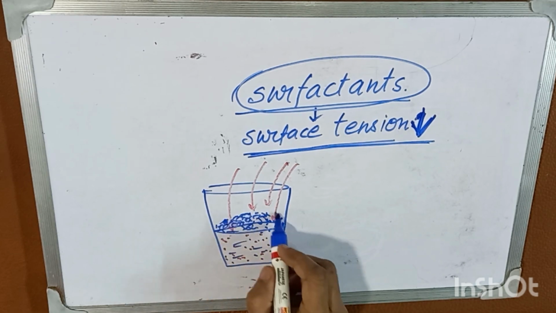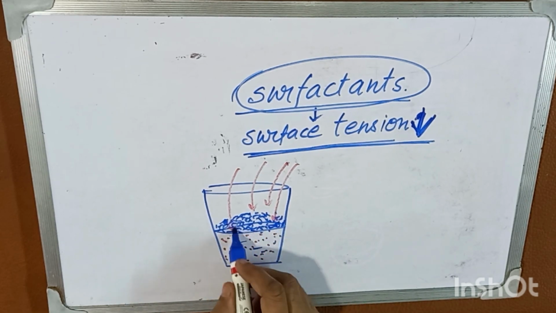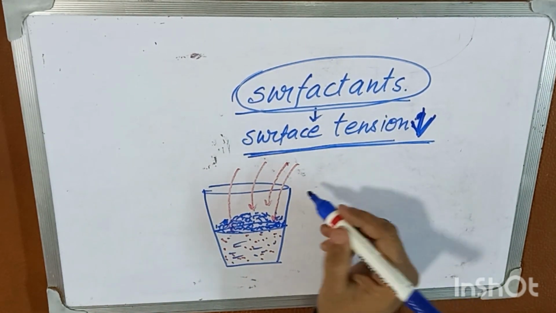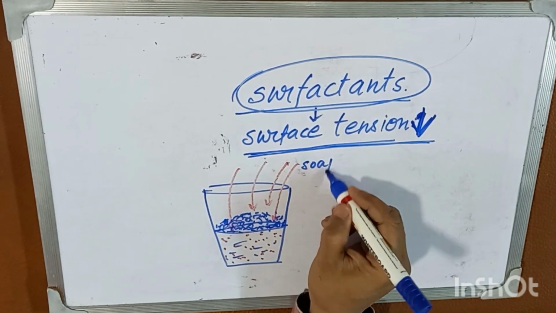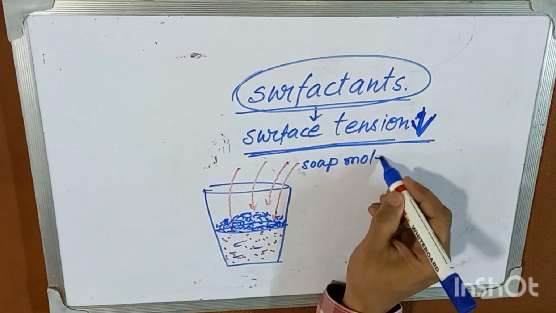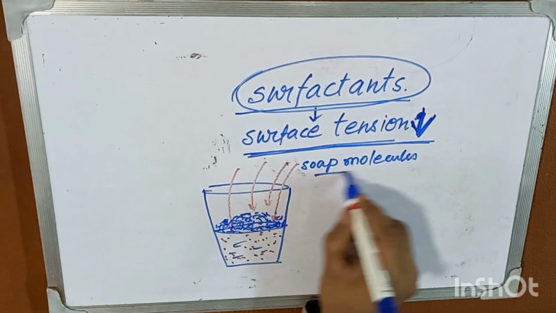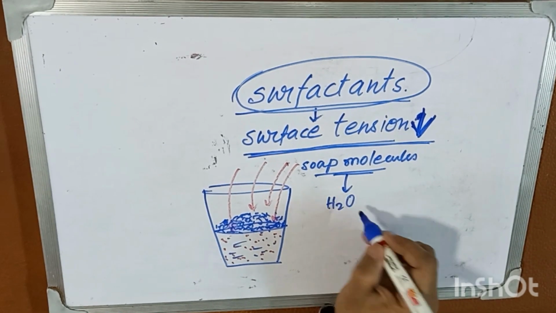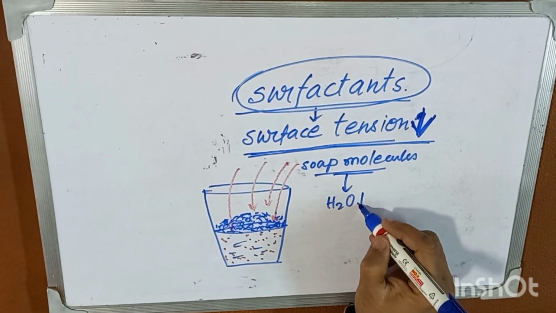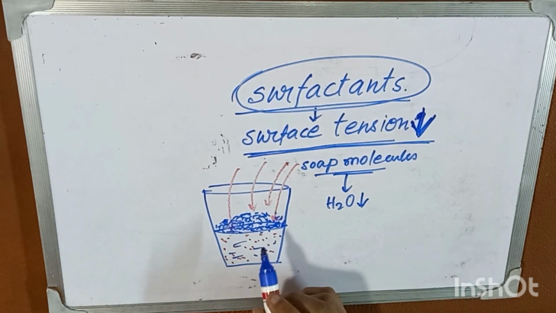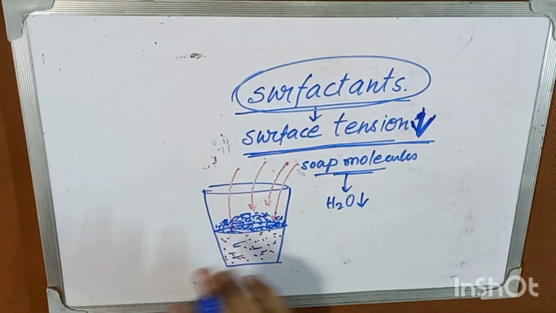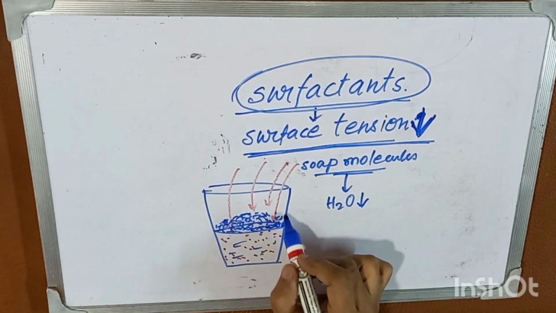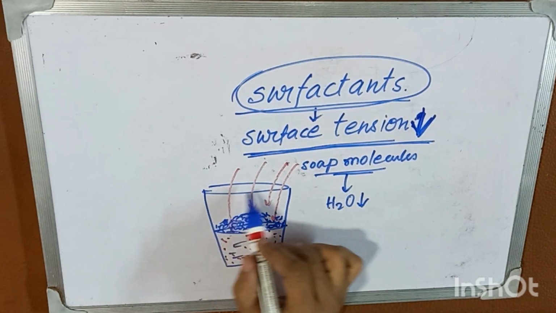This frothing happens because the soap molecules have decreased the surface tension of water, and as a result, while I give energy by frothing it, the surface goes up. There is a huge increase of bubbles.